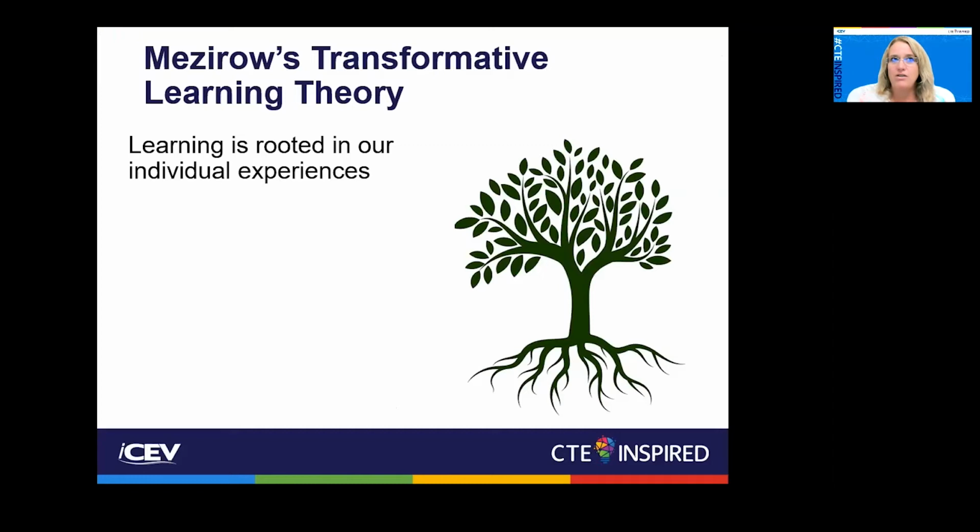We all know that we can give information to people, but if we don't have them somehow contextualize it, make it practical, make it useful to them, and do something with that information, it can be meaningless. And what I found interesting about this idea of transformative learning is that all of our learning is rooted in our individual experiences.